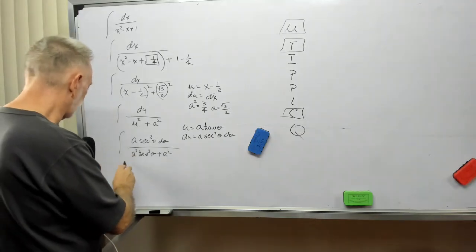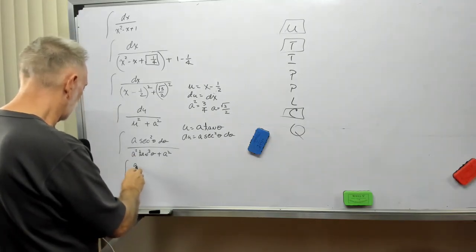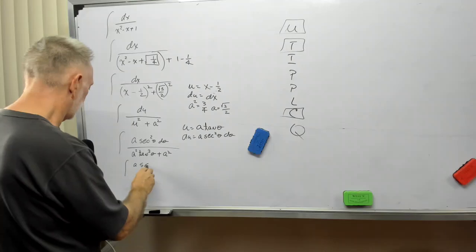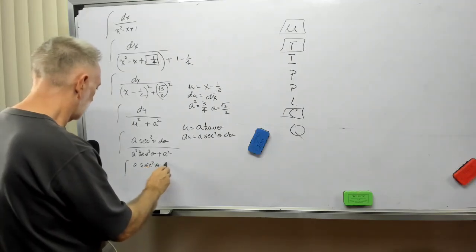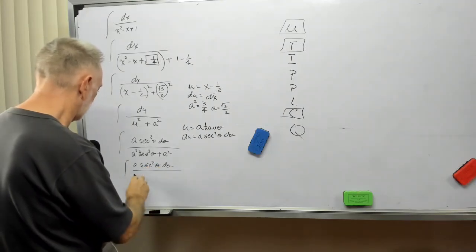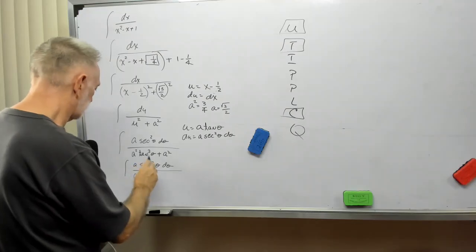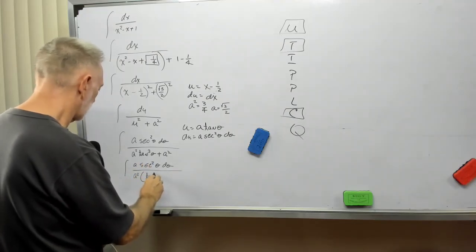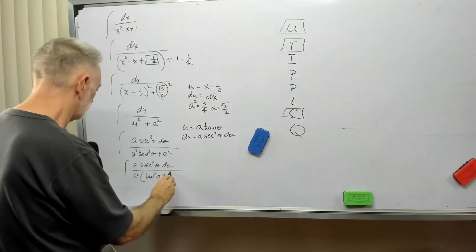If I factor out that a squared in the denominator, I get a squared times tangent squared theta plus 1.